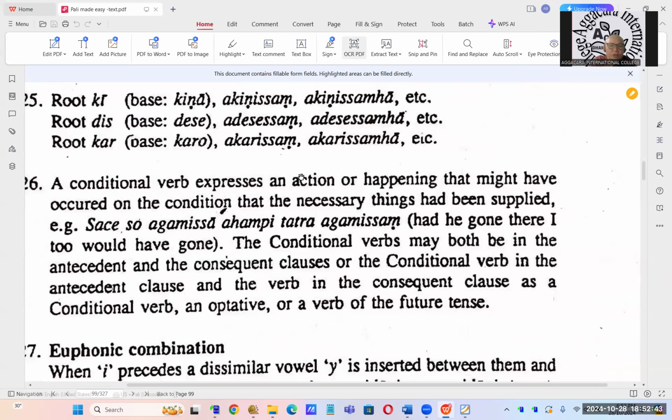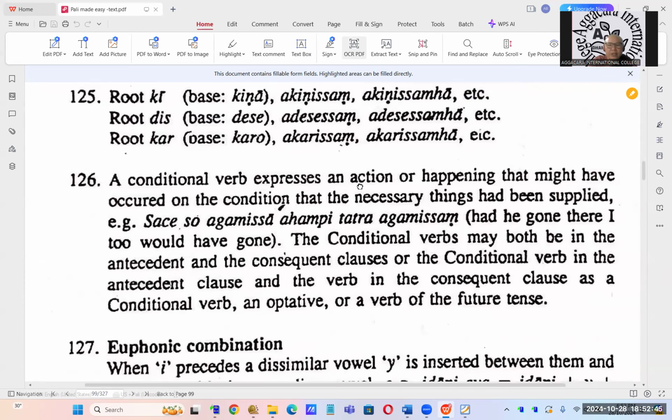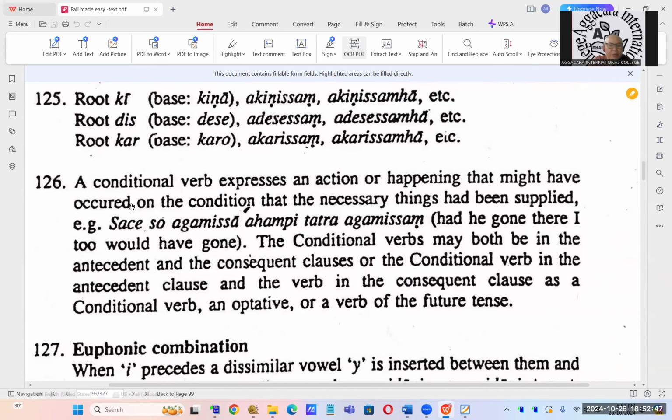So, a conditional verb expresses an action or happening that might have occurred on the condition that the necessary things had been supplied. "Sace so agamissa": "sace" is "if," "so" is "he." "Agamissa" means "had gone." Actually, it's not "coming." This is a negative, right?